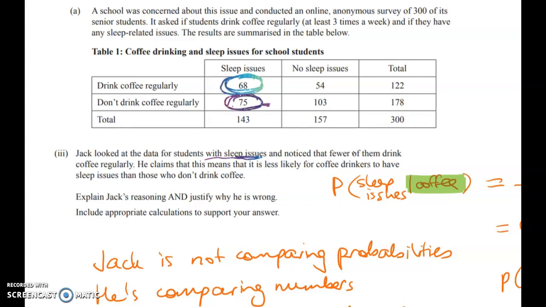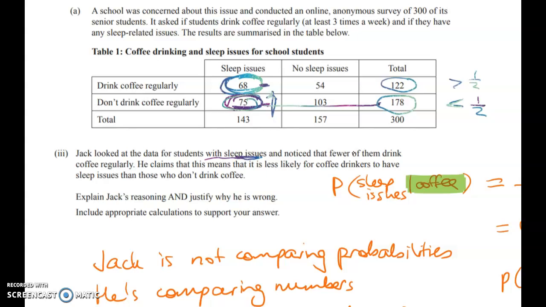And he's saying this number here, the 75, is bigger than the 68. But that isn't fair because that's 75 people out of the 178 who don't drink coffee, whereas this one is 68 out of 122. So you can see that this one is more than a half and this one is less than a half. So his claim is definitely wrong.